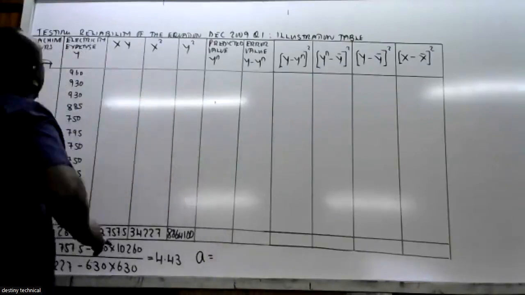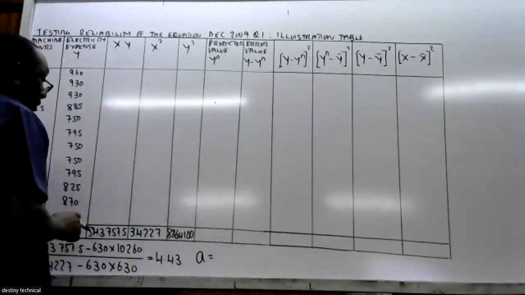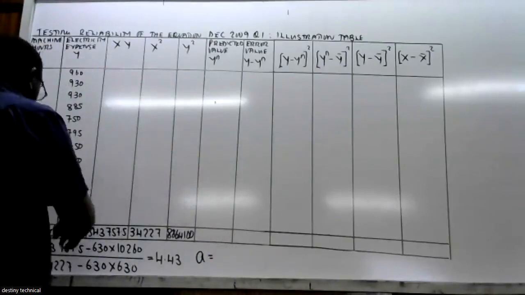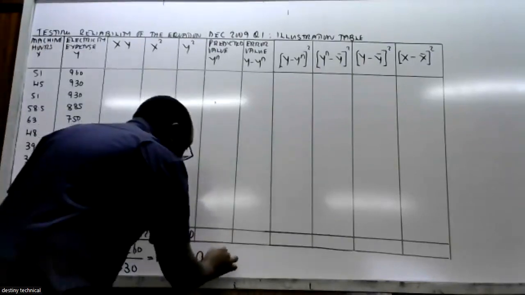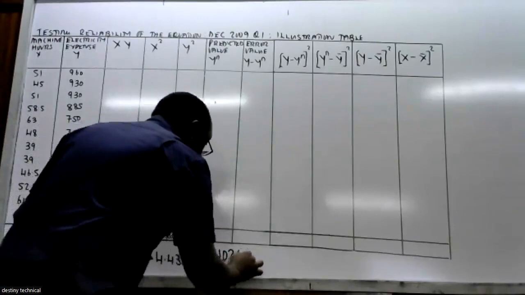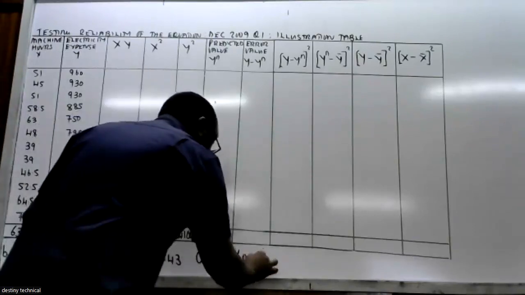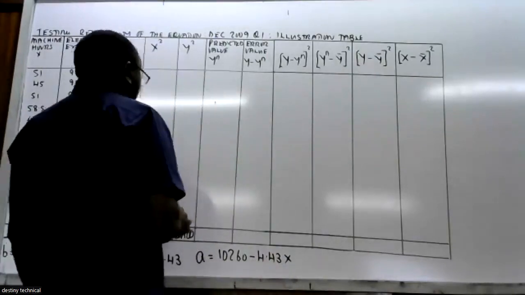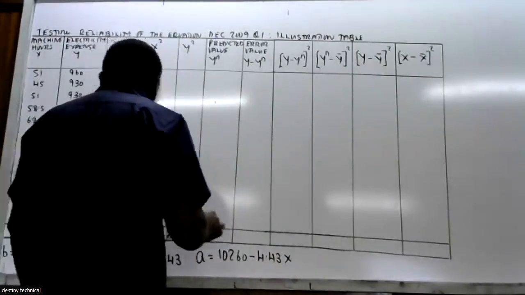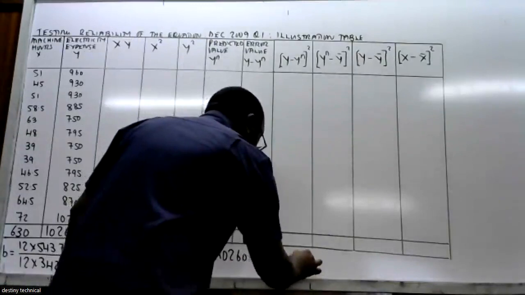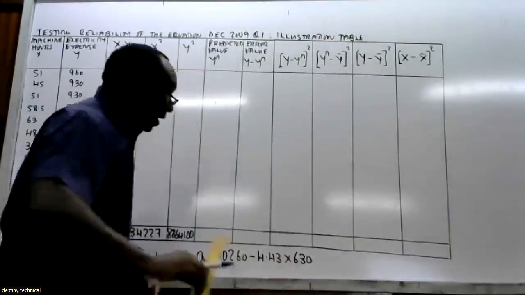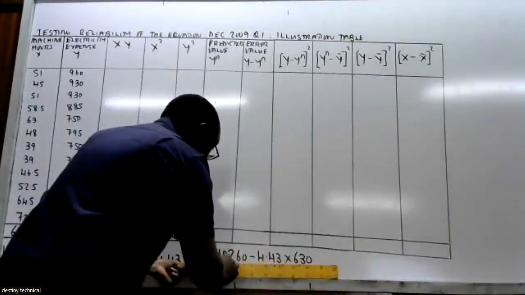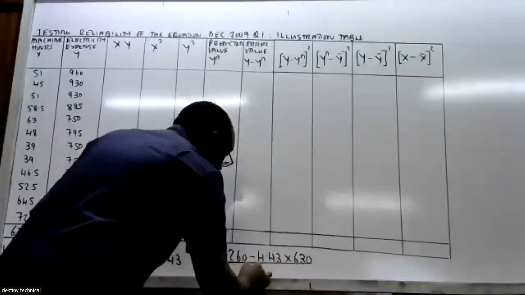So now A is sum of y, which is 10,260, minus B, where B is 4.43, multiplied by sum of x, which is 630, divided by n, which is 12.